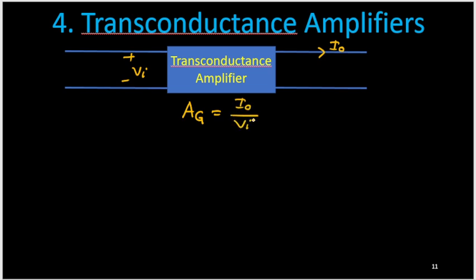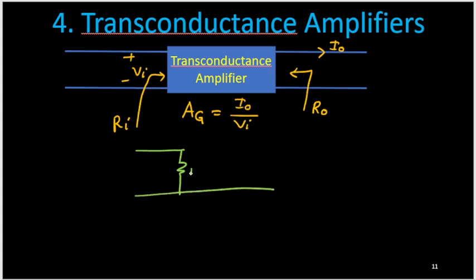Okay, and we need to consider, as earlier, the input resistance Ri and the output resistance R0 looking from the output side. So our model we can draw. First we will always draw the input resistance, that is your Ri.